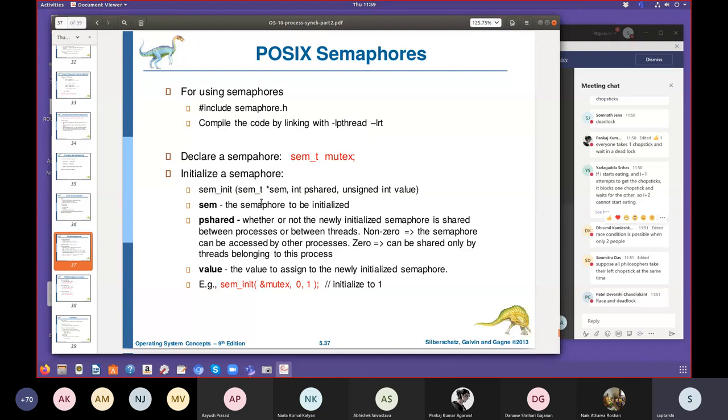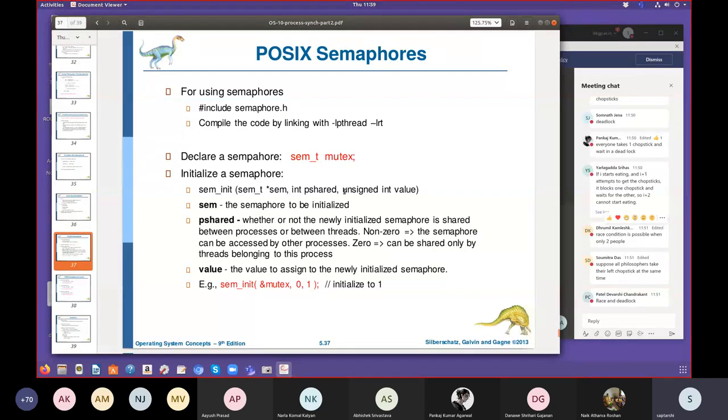But how do you work with a semaphore? Basically, this is the data type sem_t, the data type for a semaphore. This is how you declare a semaphore, and then you can initialize it using the sem_init function. This is the semaphore to be initialized; you send a pointer to it. Then there are these two arguments.